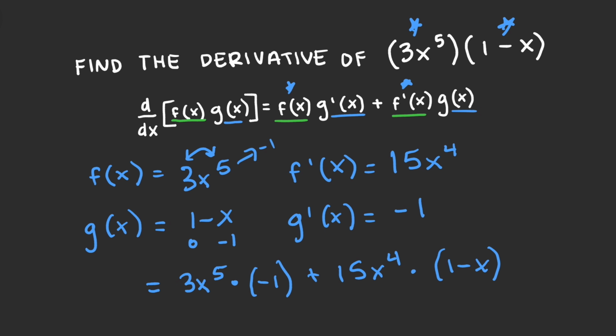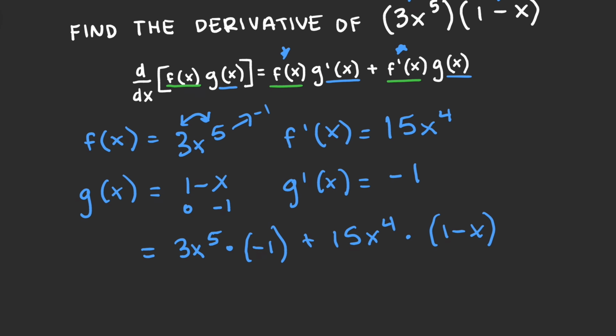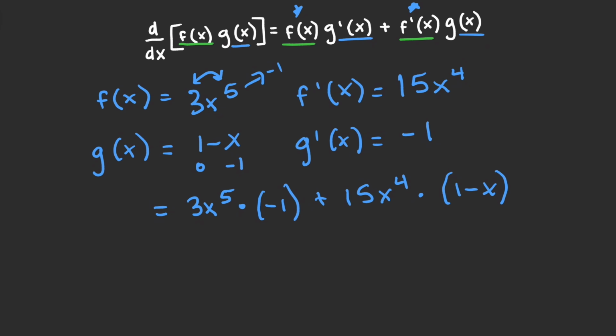And this right here is the correct answer, but it can be simplified further than this. And me personally, I would get into the habit of simplifying as much as you can because most professors will ask that of you. And if not that, if you do your homework online, sometimes if you input an answer that's not completely simplified, it could mark it as wrong.